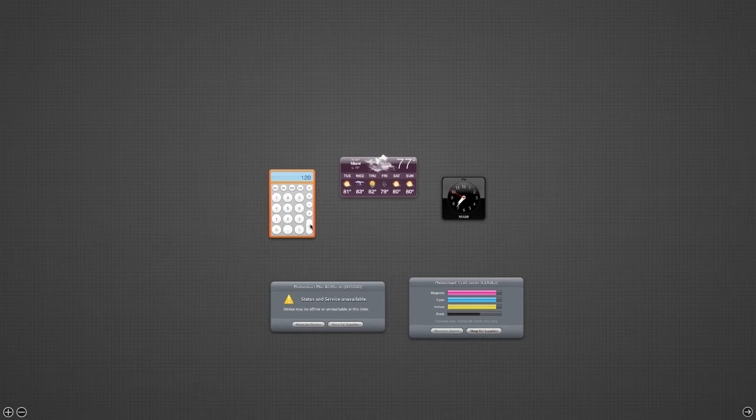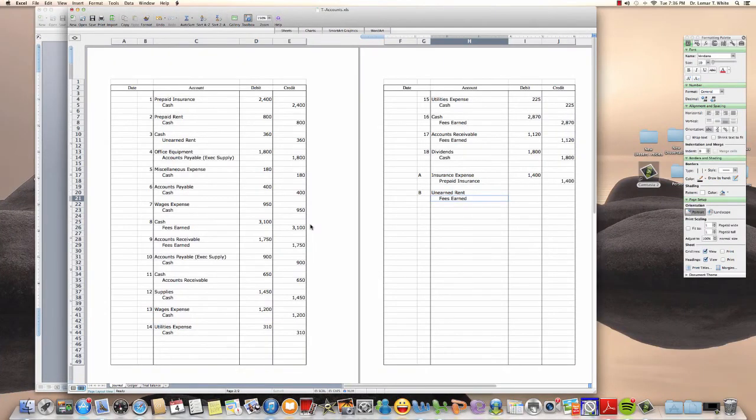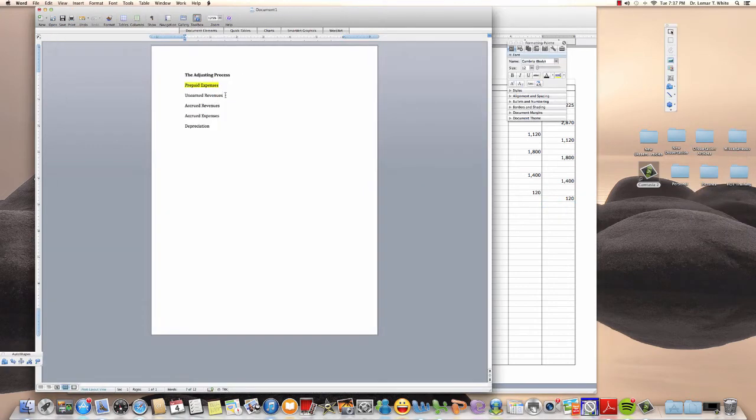Okay? Now, I said that the client has only used up 1 month's worth of rent. So the amount that I'm going to debit and credit is 120, 1 month worth of rent. And I have adjusted my unearned revenues account.